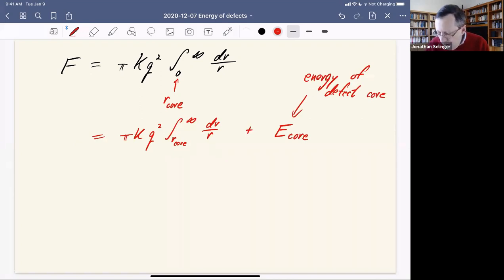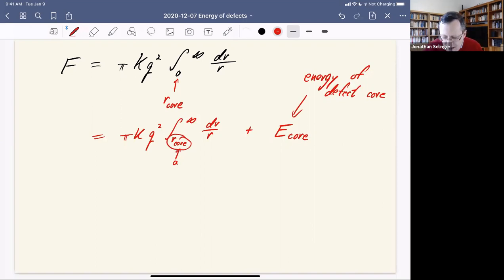Okay, so we'll do that. Actually, in the text that I wrote, I used the letter A for R core, lowercase a. That's what people often do, so I'll use that now. So there's a defect core radius, which is this lowercase a.